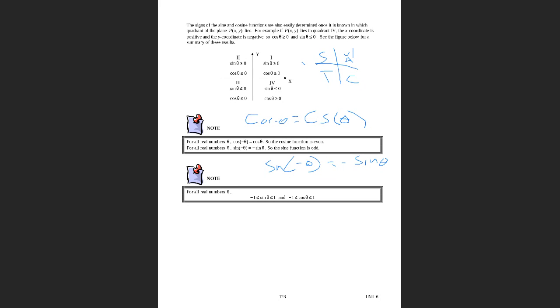And if you have tan of negative theta, it's the same as negative tan theta.